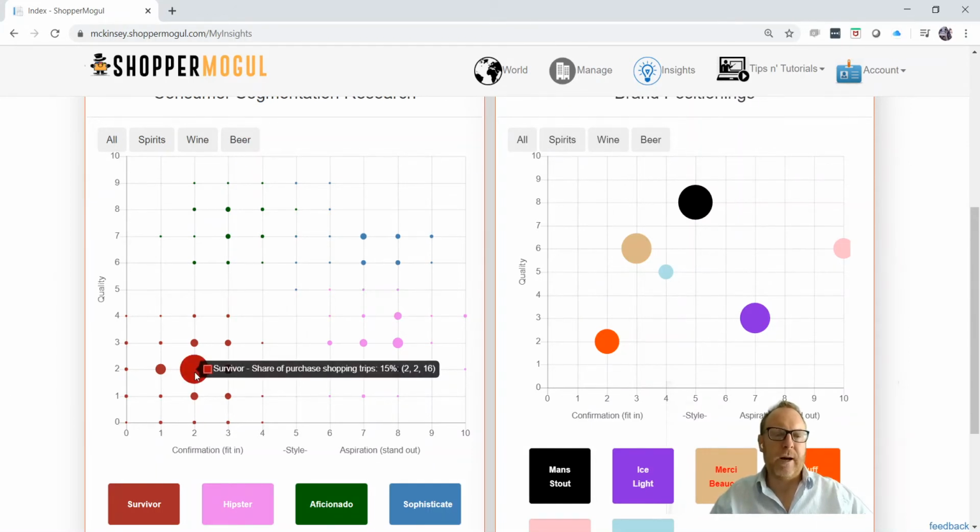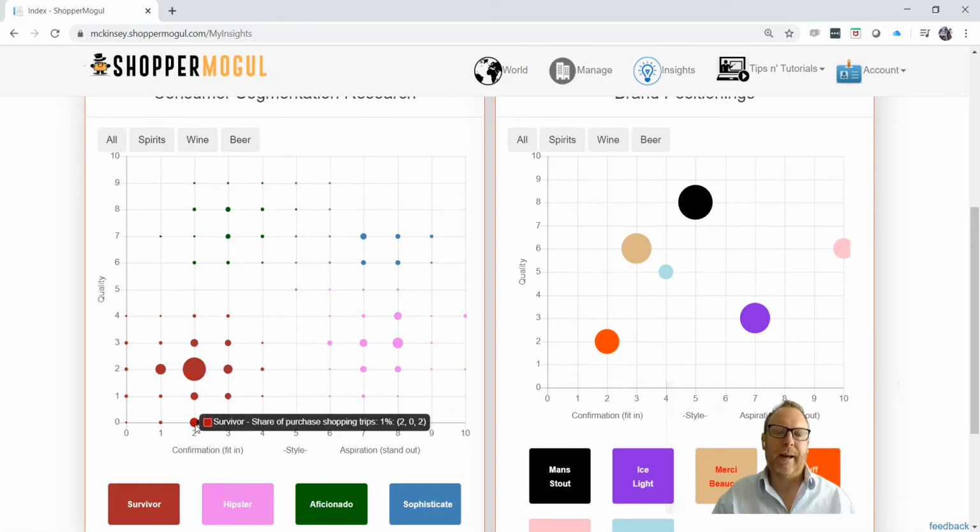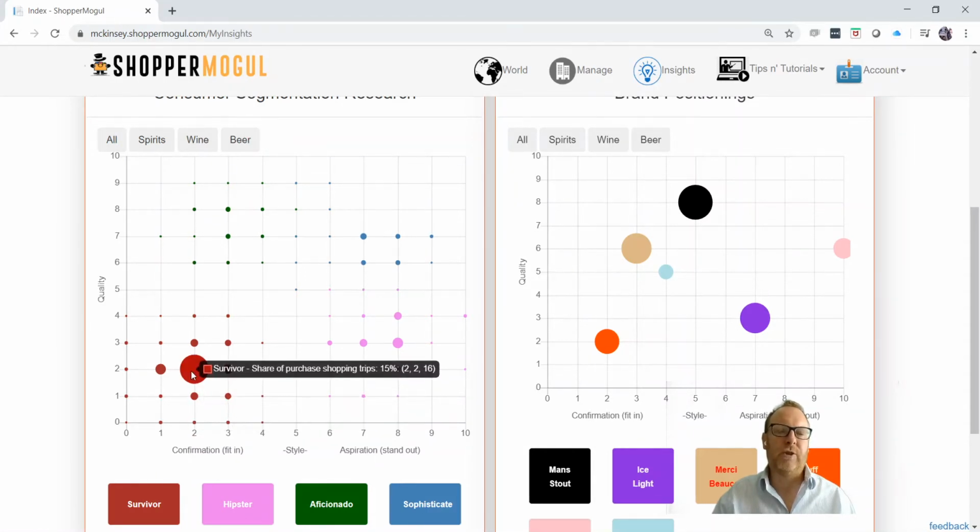If we look at this largest single bubble on the map, we can see that 15% of all purchases at the moment in the game are coming from people who we categorize as survivors, who have an expectation that a brand should have a stylishness of at least 2 out of 10, which is to say not very high expectations, and also an expectation that the brand should have a quality of at least 2 out of 10, which is to say, again, fairly low expectations.